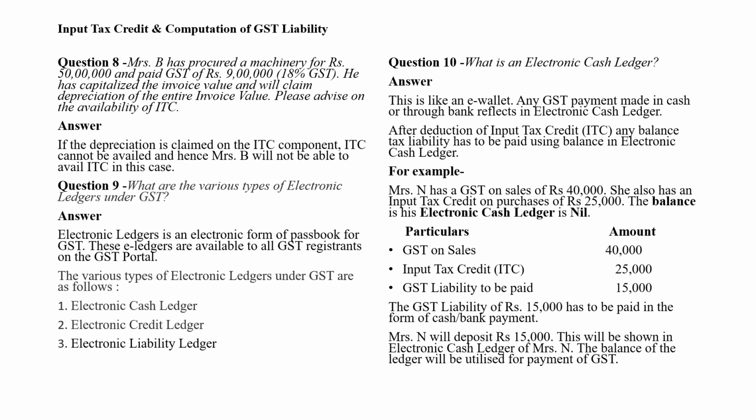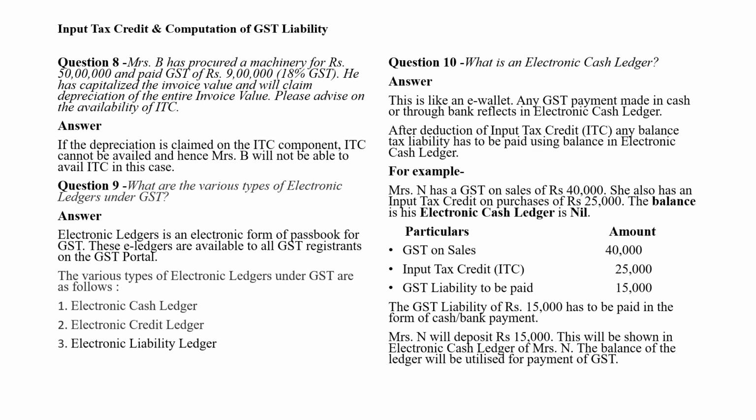Next question is very important, so that we can have a glance over it. Mrs. B has procured a machinery for rupees 50 lakh and paid GST of rupees 9 lakh, 18% CGST. She has capitalized the invoice value and will claim depreciation on the entire invoice value.